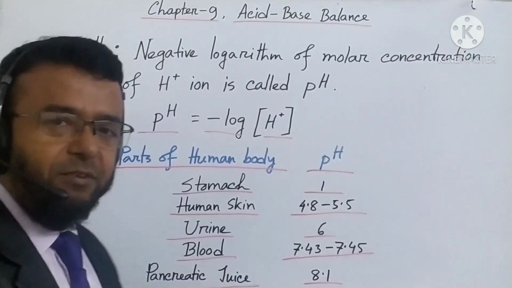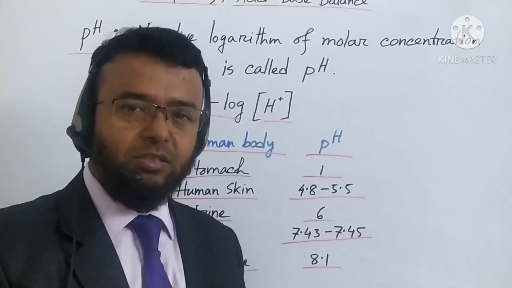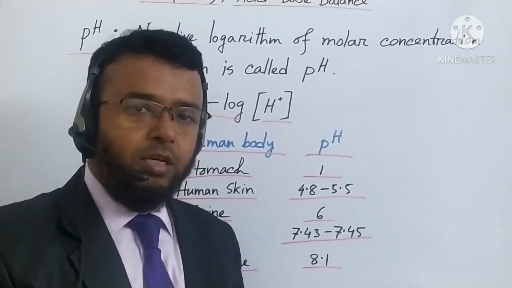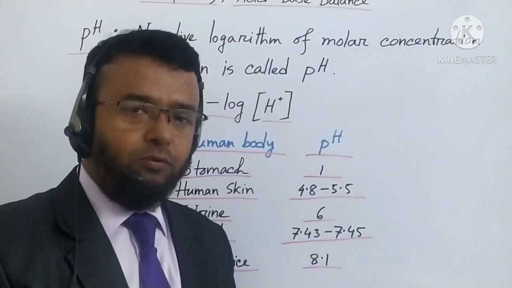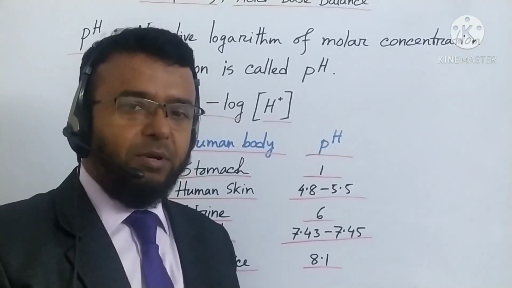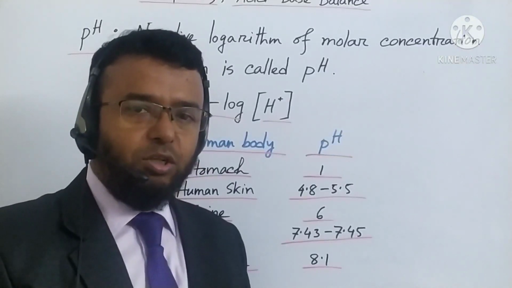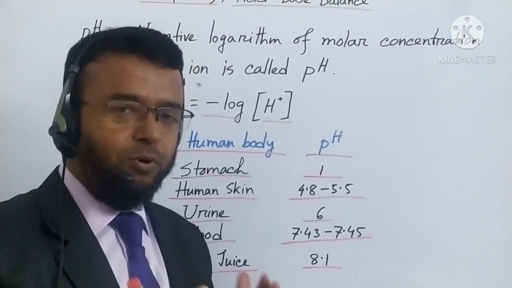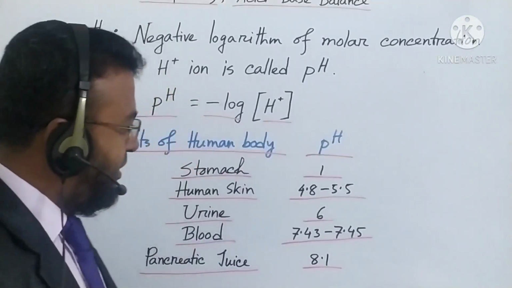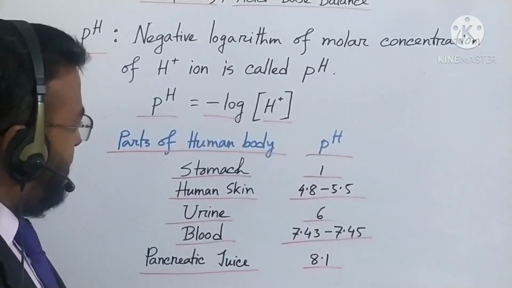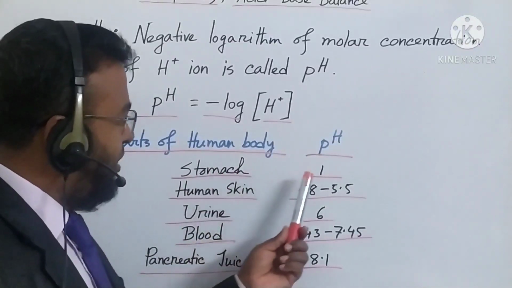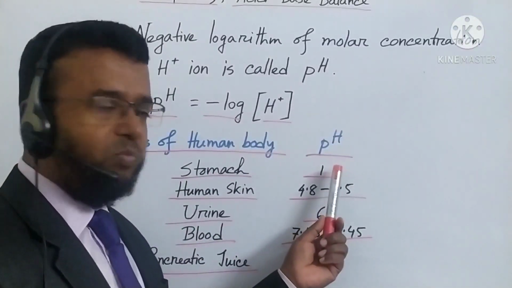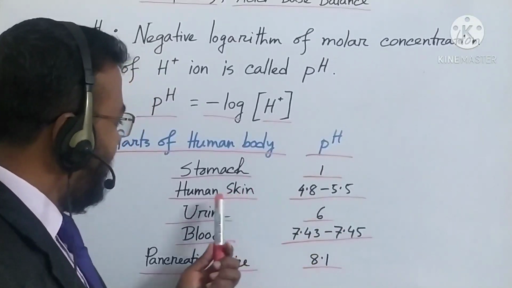You have seen the pH scale in the previous class. The pH scale is 0 to 14 and 7 is the middle, neutral. So 0 to 7 is acidic and 7 to 14 is basic. In the stomach the pH value is 1, that means acidic.